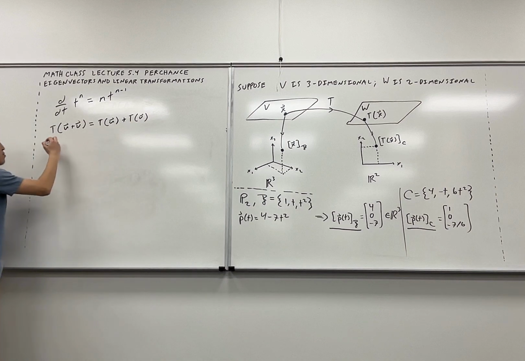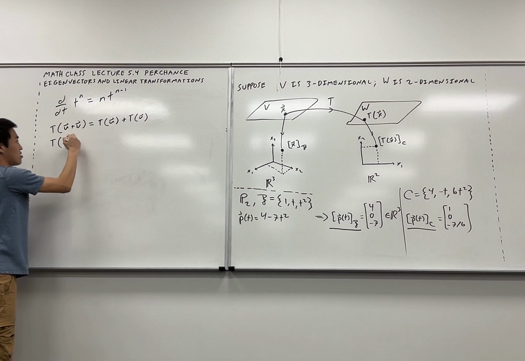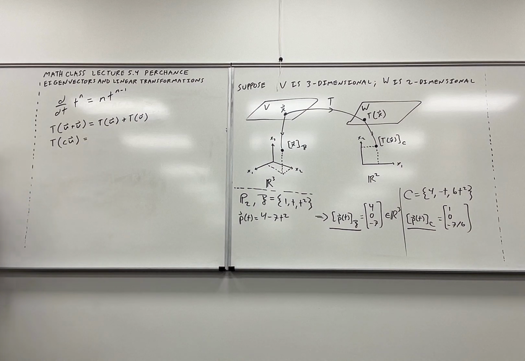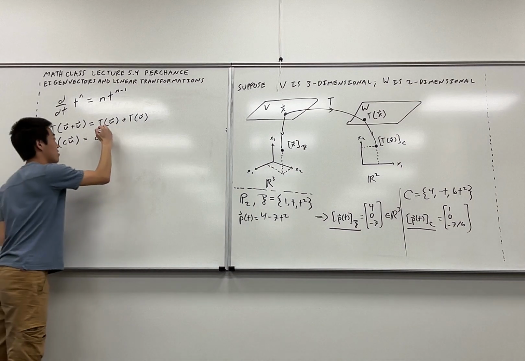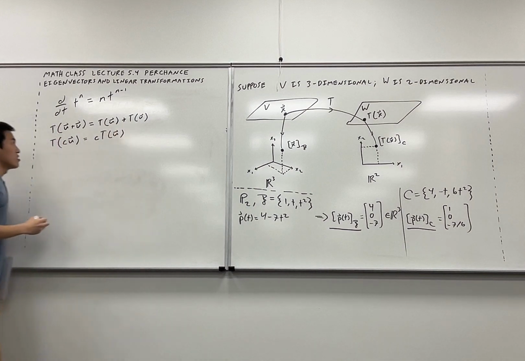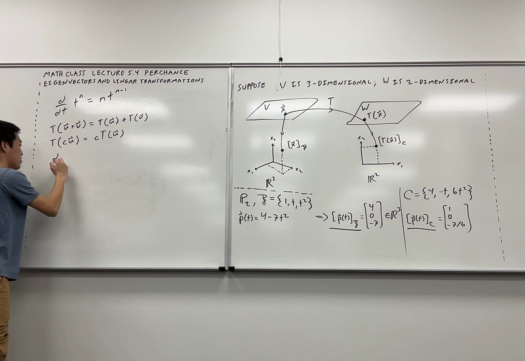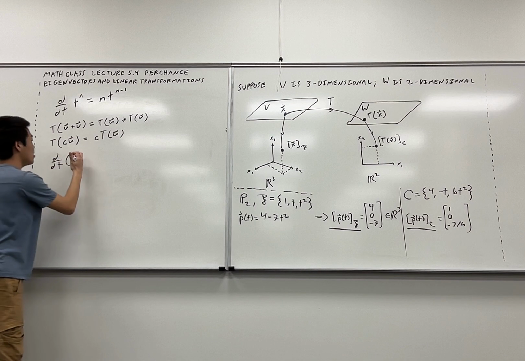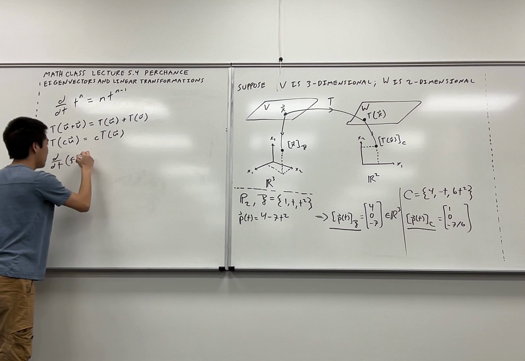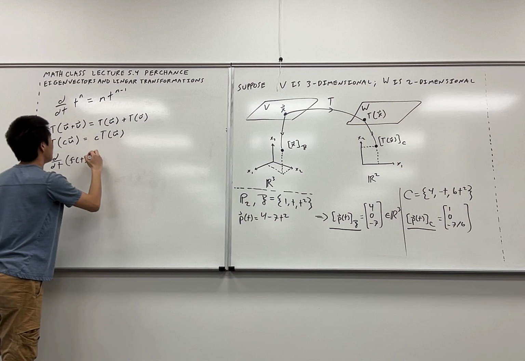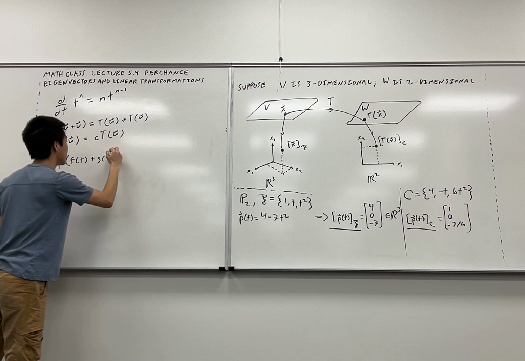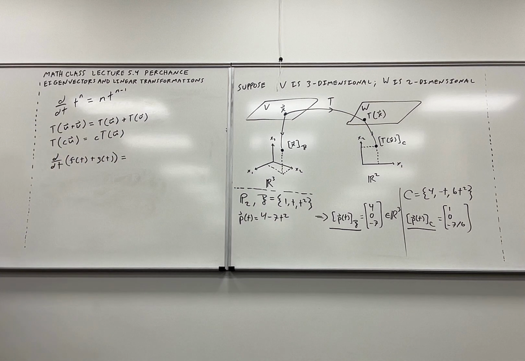And we also required, what was the other property? T of c times u is equal to what? Equals c times Tu. Okay, so if these are the properties we require for some sort of linear transformation, let's view differentiation as a linear transformation. Is the derivative d dt of some f of t plus g of t, what is that equal to?